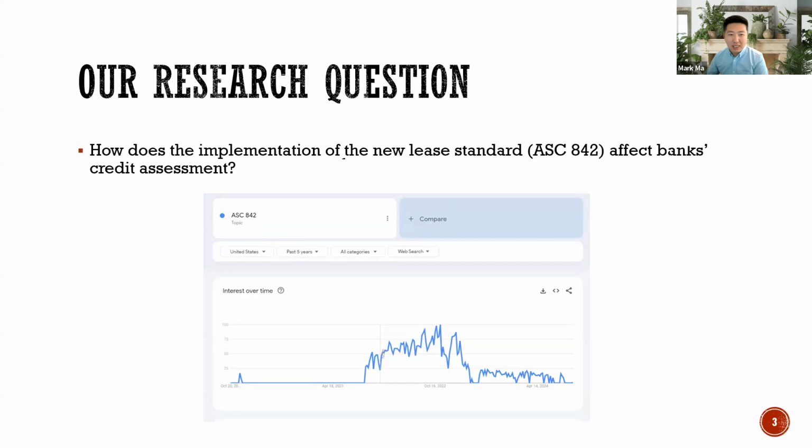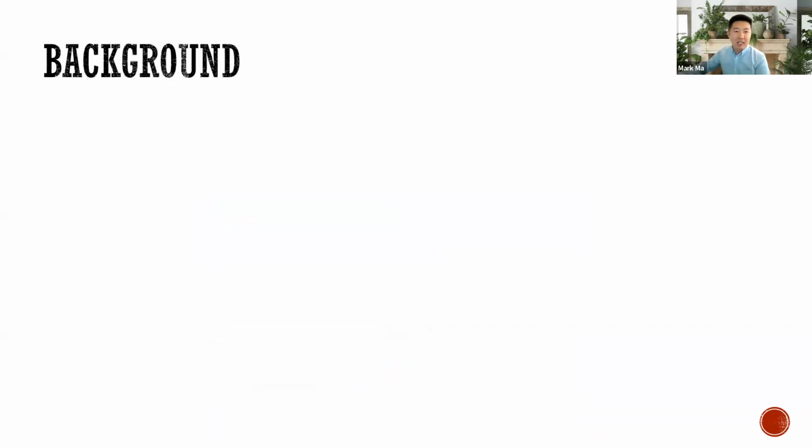Here is the Google Trends data over the last 5 years. The trend reached its peak exactly 2 years ago, October 22nd, 2022. After that it started to decline a little bit, but there are still a lot of discussions about ASC 842, so this is still a relevant topic.